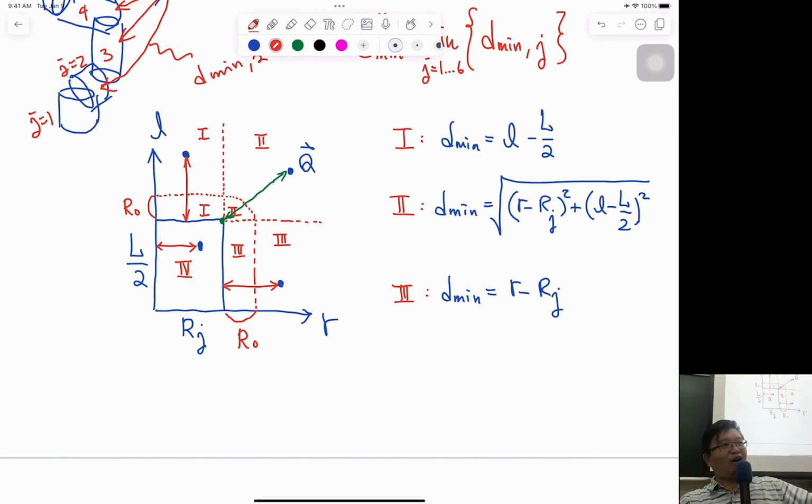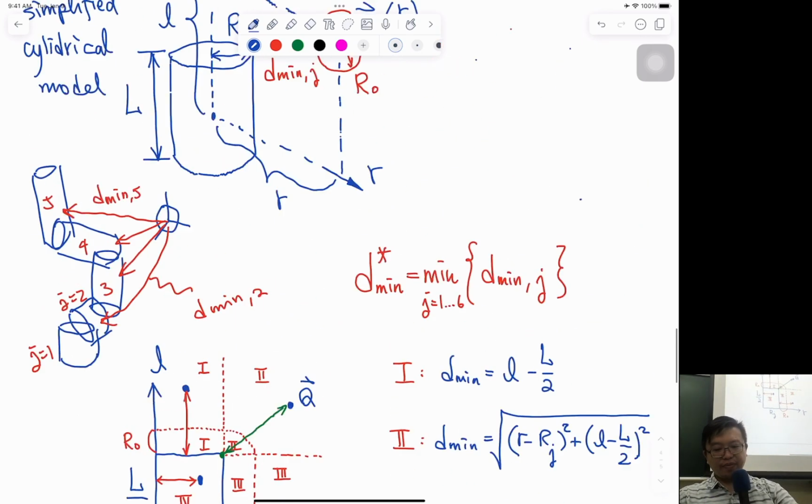It's like how far away the obstacle is from the central axis. That's what I used. So in region 4, I think the D minimum I used was R. Okay, so you keep on evaluating.